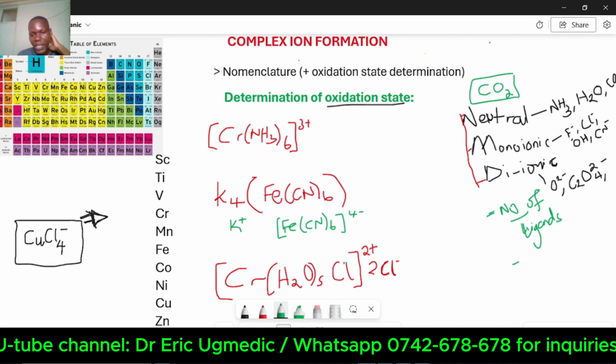Whenever we're looking at this complex, we are not considering these atoms that are outside the bracket. What we are looking at is the central atom, which is the transition element in this case. For example, iron here, we have chromium, also chromium here. But we are leaving out the atoms outside, which are just helping us to know the charge of the complex. So with that basic explanation, we can start.